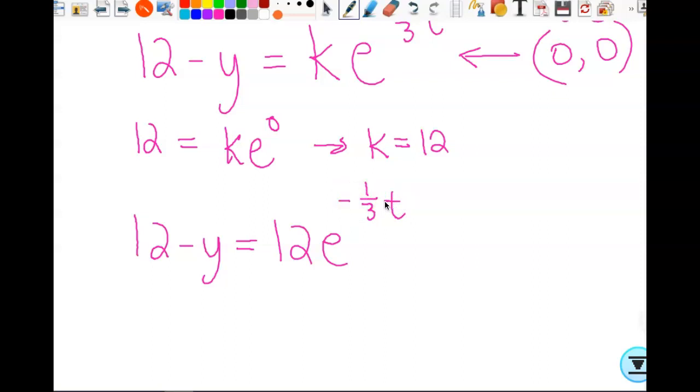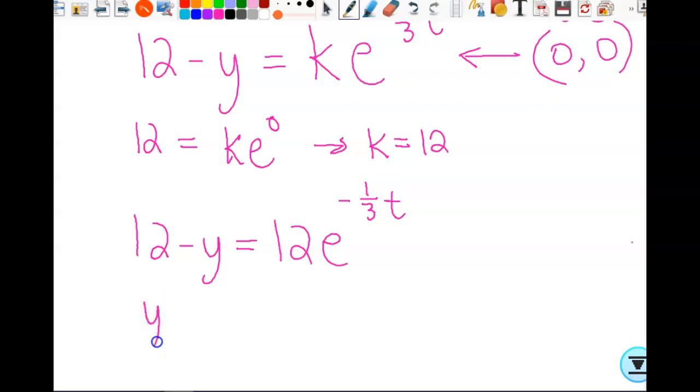And we've got to keep going until we solve for y. If you read the question, it wants us to find y as a function of t. So what do we need to do? Subtract 12 and then divide, or I can add 12 and subtract.